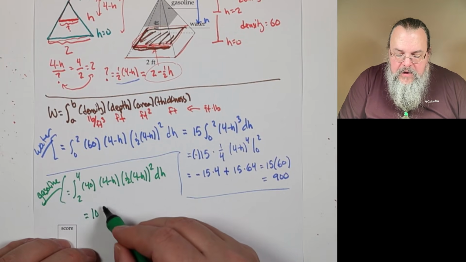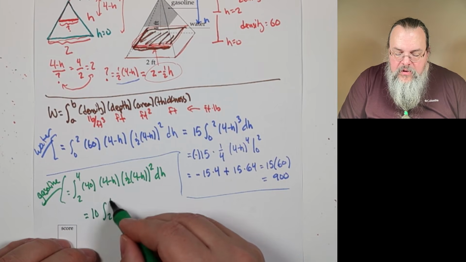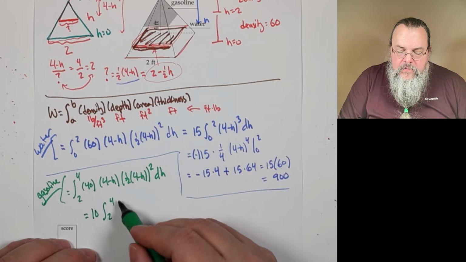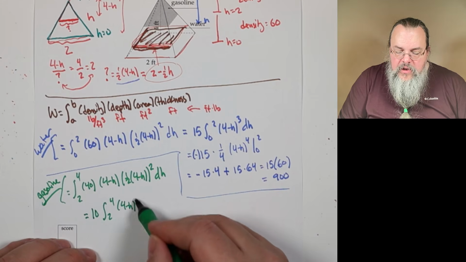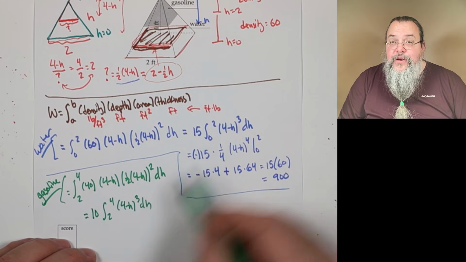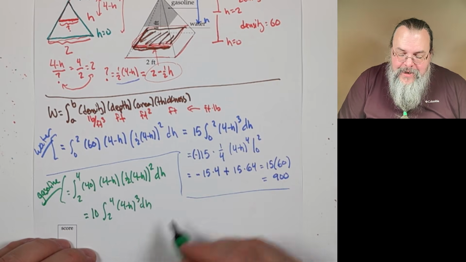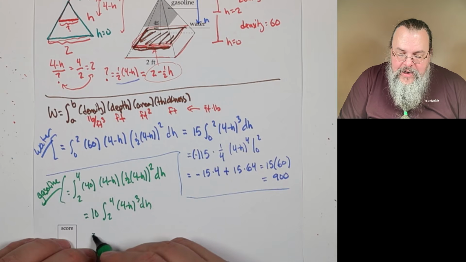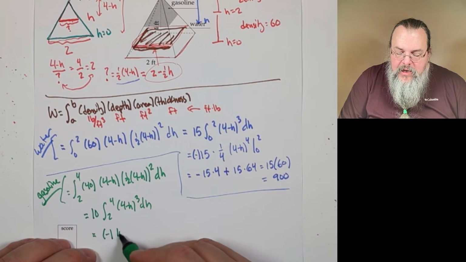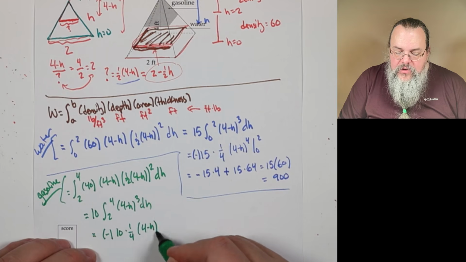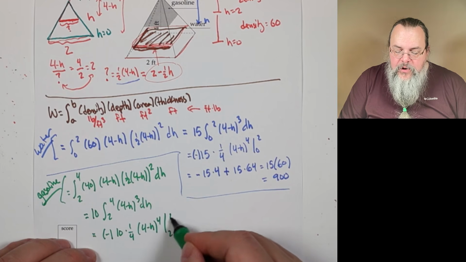And then we have the integral 2 to 4 of (4 minus h) cubed. It's the same integral other than the constant in the front. Okay, so carrying that integral out, we're going to get that minus like we did before, that 10, and that 1/4 times (4 minus h) to the 4th, evaluated from 2 to 4.